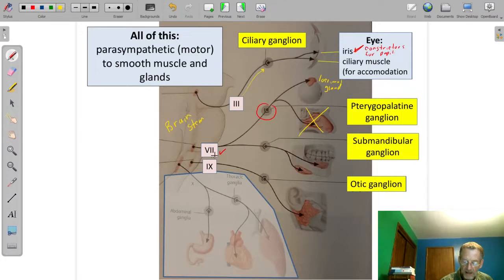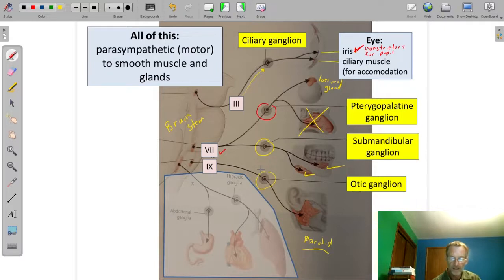The other pathway for 7 synapses in the submandibular ganglion and goes to the sublingual and the submandibular salivary glands. And when that pathway is active, we secrete saliva. The largest of the salivary glands is the parotid salivary gland. And those fibers are carried by cranial nerve 9, the glossopharyngeal, synapsing in the otic ganglion.